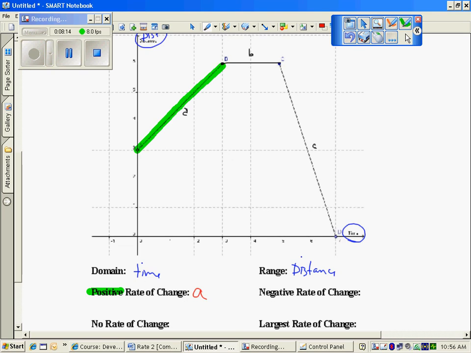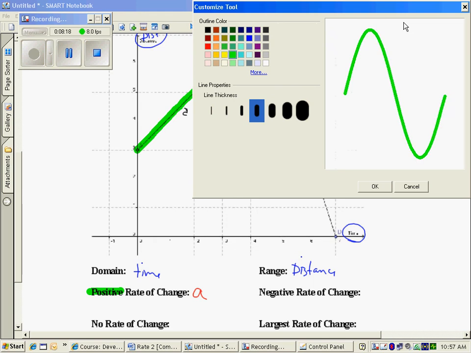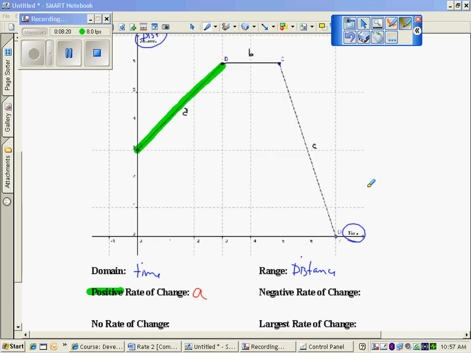Where do I have a negative rate of change? Well, negative means decrease. So we look at the graph and find where it is decreasing, and it's decreasing here on segment C. So that has a negative rate of change. Now we have no rate of change at all in one segment here, and that obviously must be B. Why does that show no rate of change?